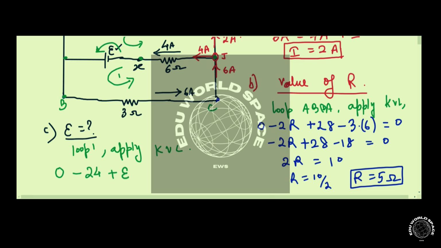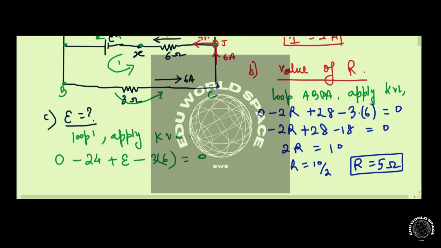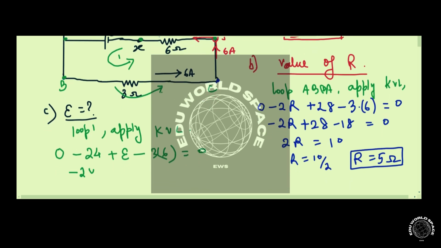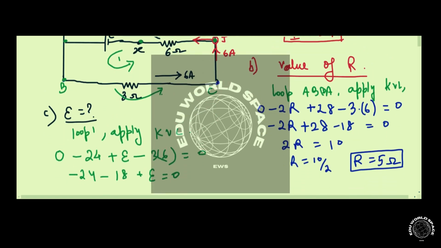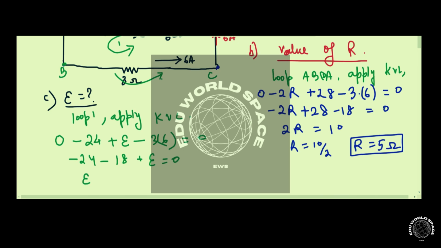And that will be the potential here. Again, it will be decreased by 3 into 6. And this will be 0 again. So this again we can solve. Minus 24 minus 18 plus E is equal to 0. And this gives us the value of E as 42 volt.